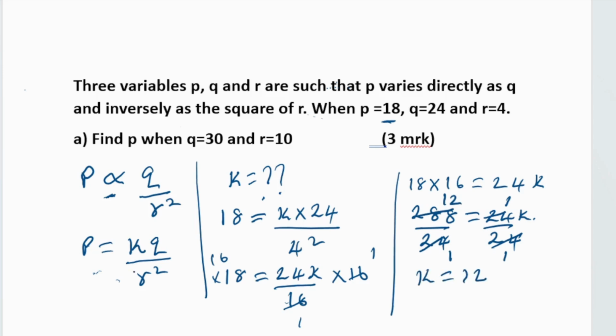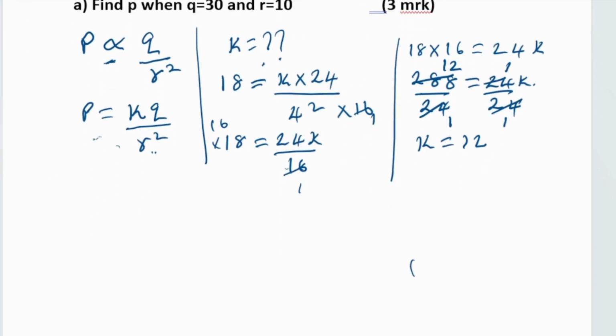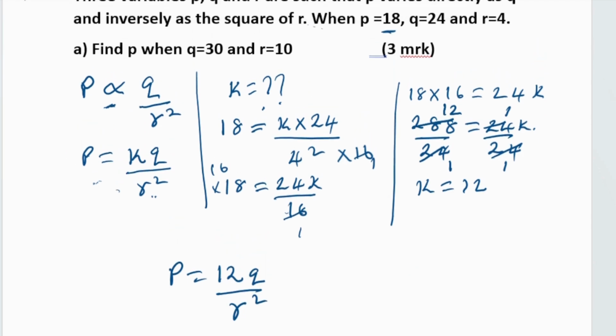And therefore we can write this expression, with the constant k, as p is equal to 12 multiplied by q over r squared. And this is our expression. Now, using this expression, remember you have been told find p when q is 30 and r is 10.